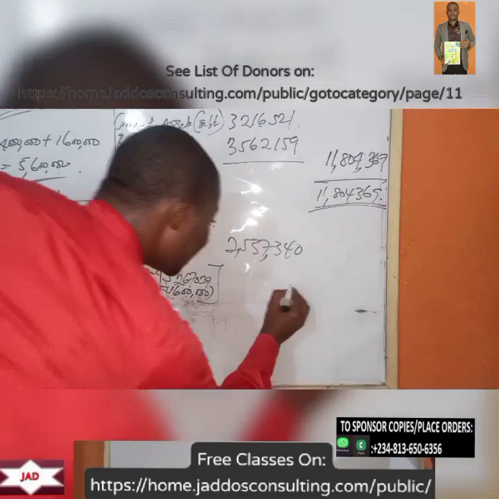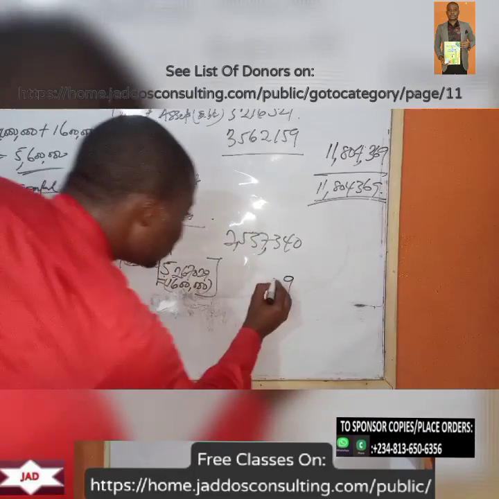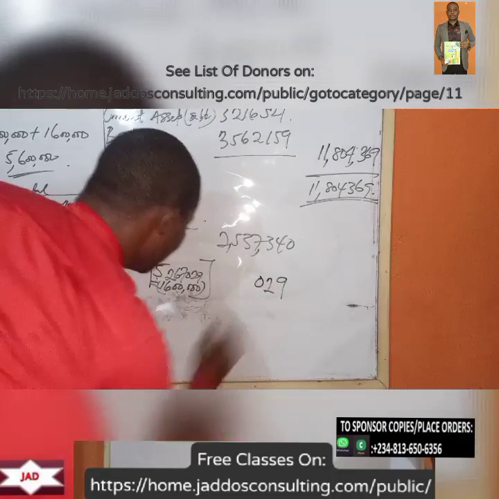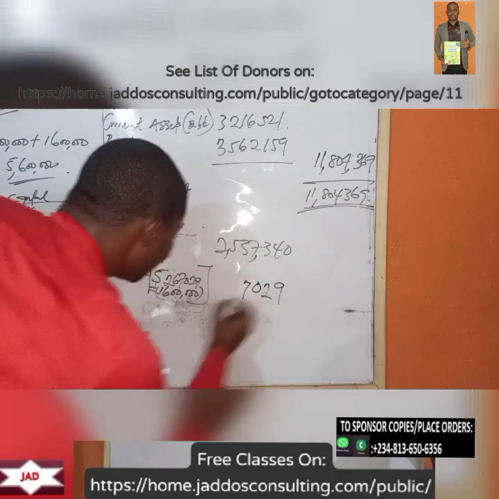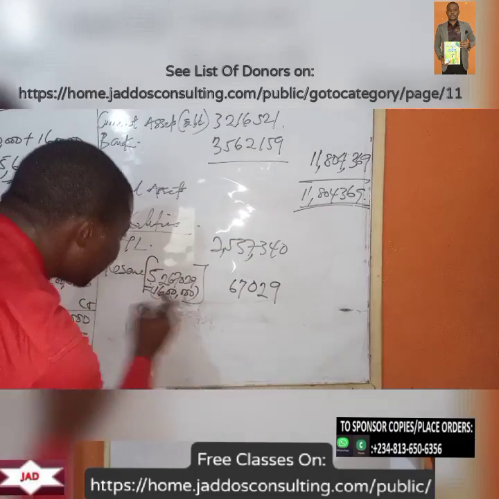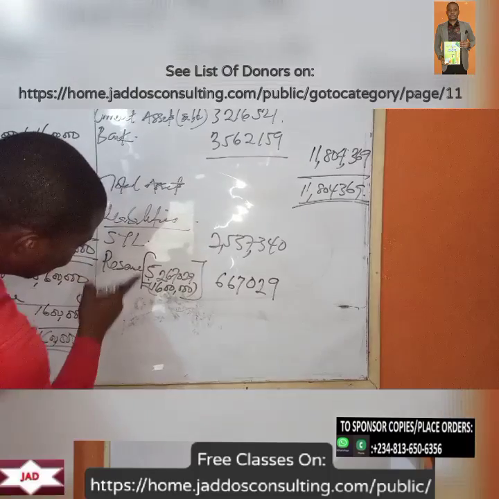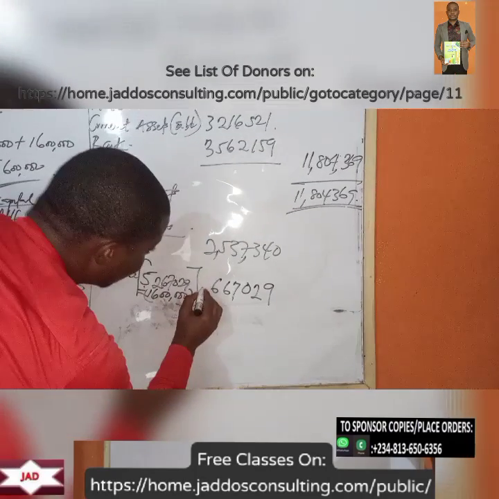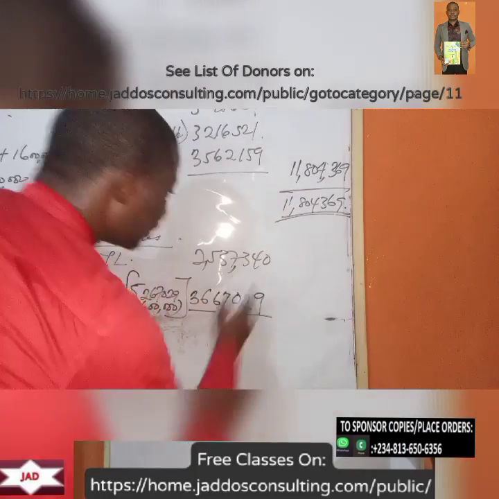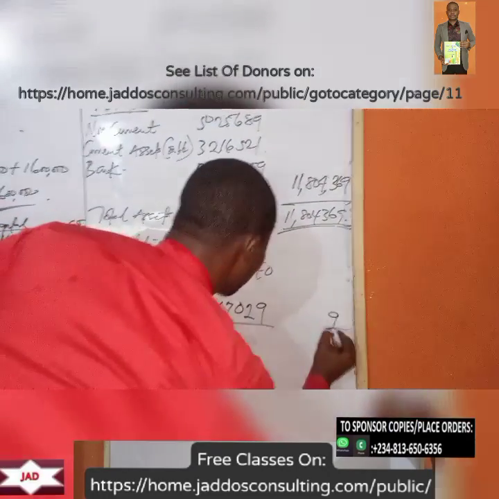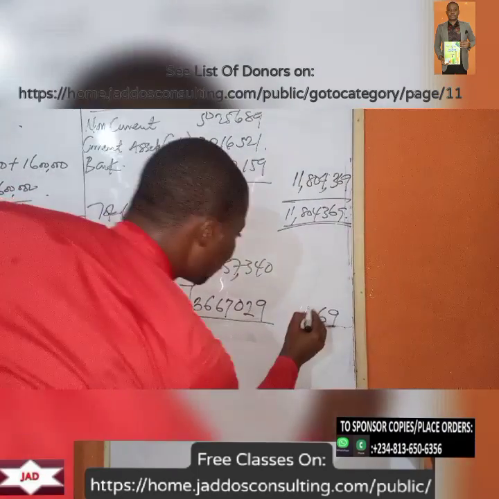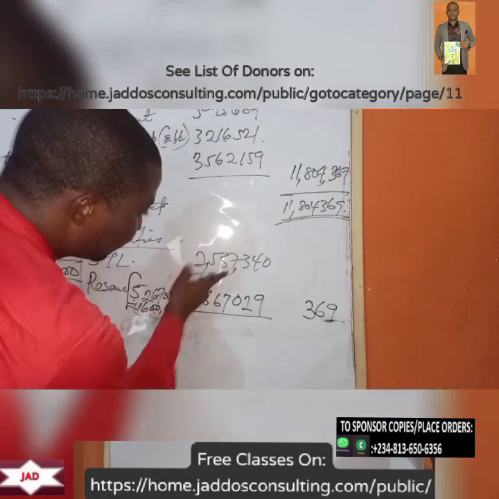So let's take this out now. 9 minus 0 here will be 9. 2 minus 0 will be 2. 0 minus 0 is 0. 7 minus 0 here will be 7. 6 minus 0 here will be 6. 12 minus 6 here will be 6. It will be 4 here. 4 minus 1 here will be 3. So if you add up this, 0 plus 9 here will be 9. 4 plus 2, 6. 3 plus 0, 3. 7 plus 7, 14.